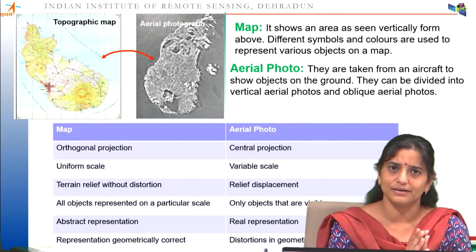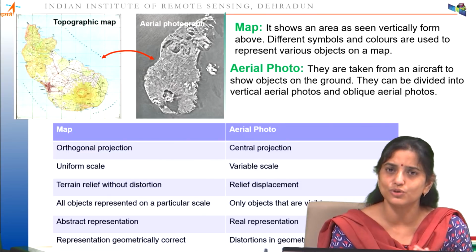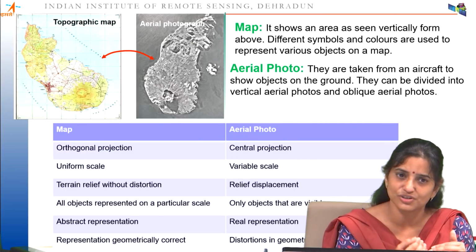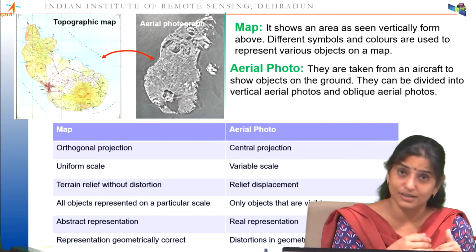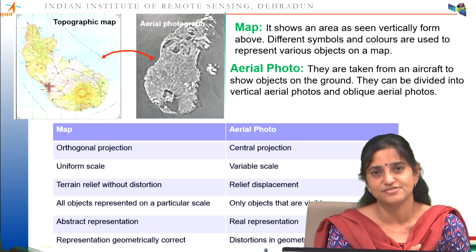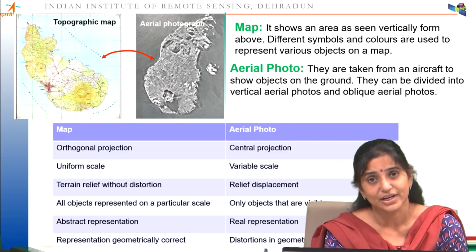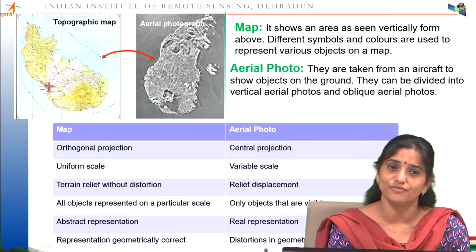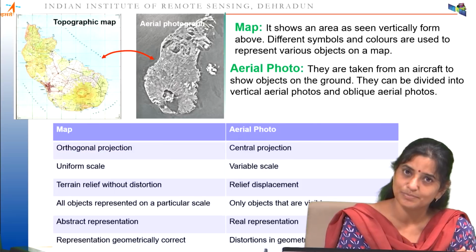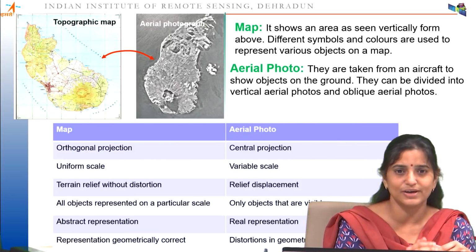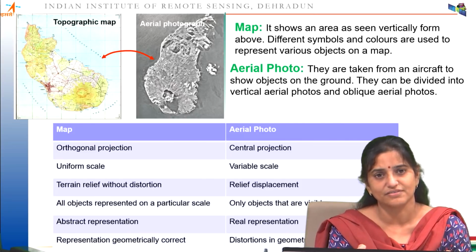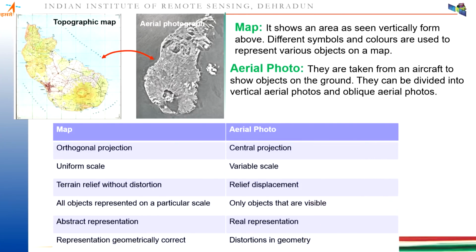In a topographic map, there is no distortion, as I have already told you. There is no distortion because of the relief of the terrain. There is no tilt, so no distortion. Whereas in case of aerial photographs, we have distortion because of relief or because of the height of the features. All the objects are represented in a particular scale on a map, whereas in the aerial photograph, only the features that are visible are seen.